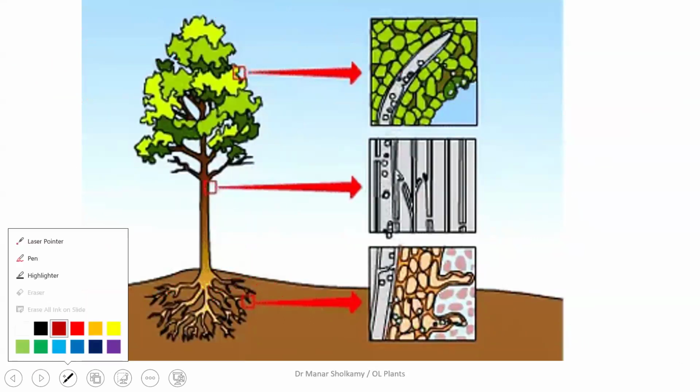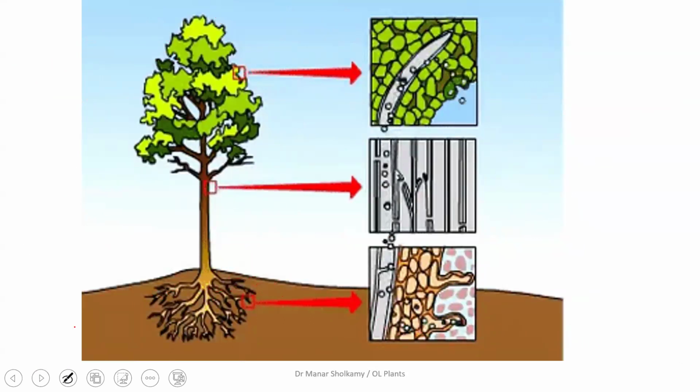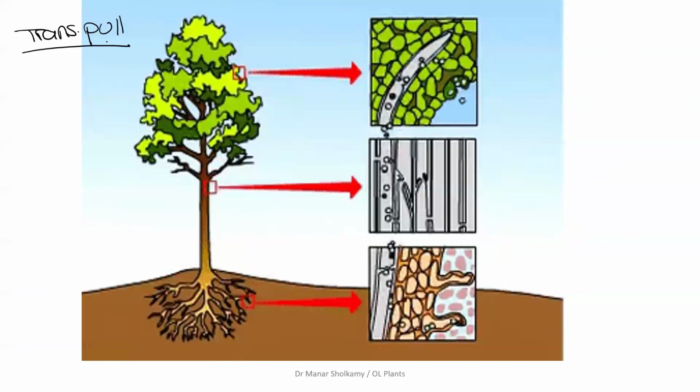So we are now discussing 2 objectives, or one important objective, which is why does the water move up the xylem? Or how is the water moving up the xylem? So we're talking about transpiration. This transpiration pull, which is the movement of the water up the xylem. Why does the water move up the xylem? For 2 reasons. Can someone summarize the reasons for me?